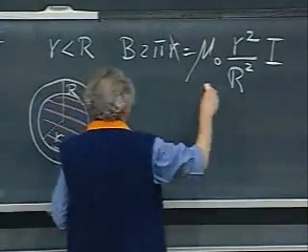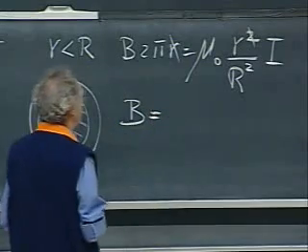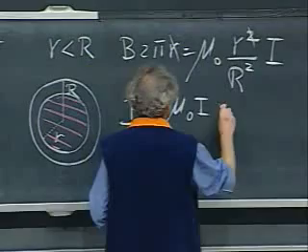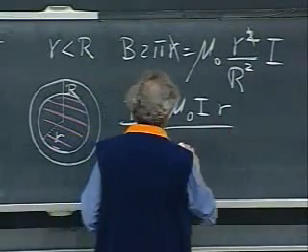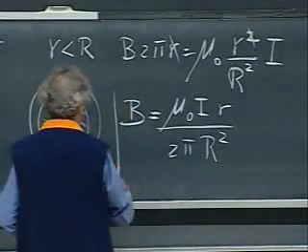And so I lose one r here, and so you get a very different result. You get now that the magnetic field equals mu 0 times I, which is now linear in little r, divided by 2 pi capital R squared.